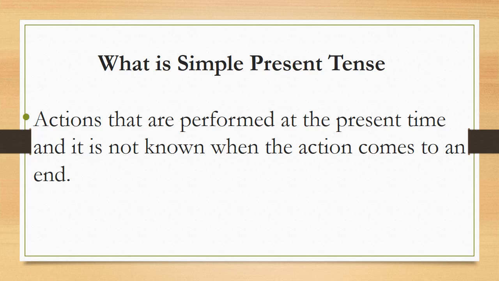It simply denotes actions or activities taking place at the present time. Concentrate on this word present: actions or activities that occur regularly, every day, daily, without any stoppage. It is continuous and we don't know when those actions or activities are going to come to an end.